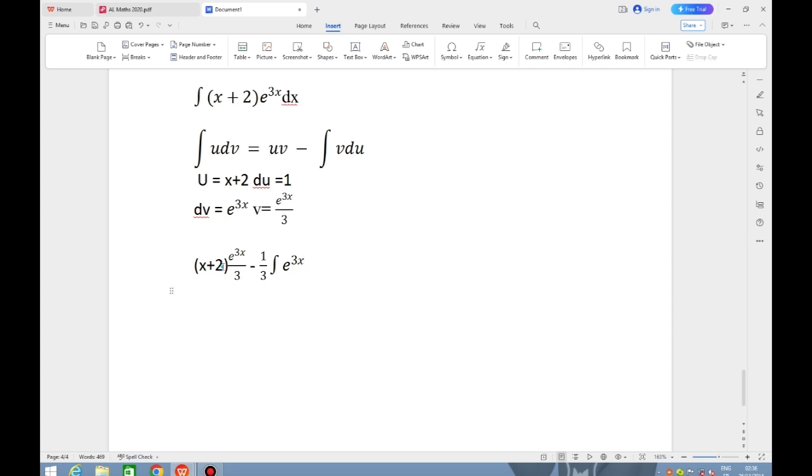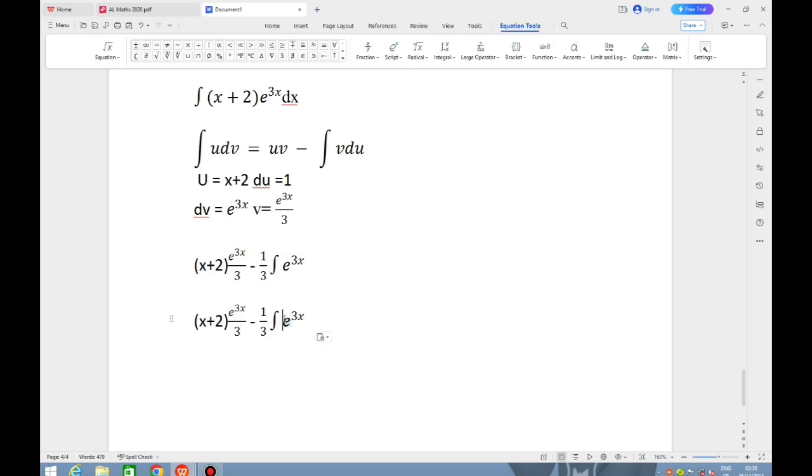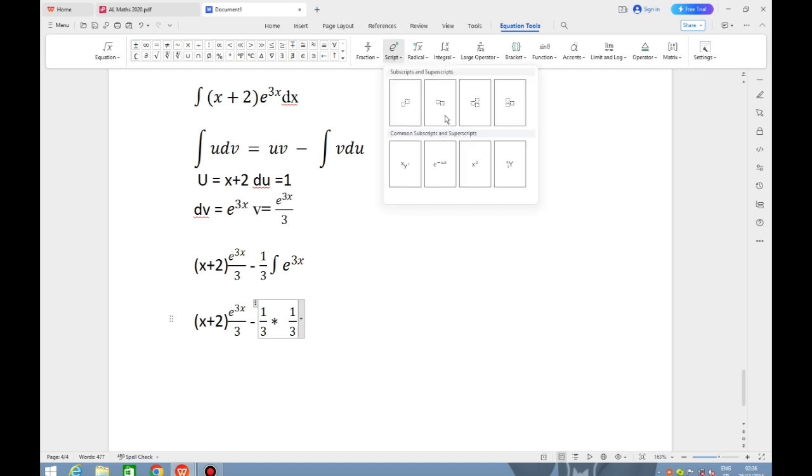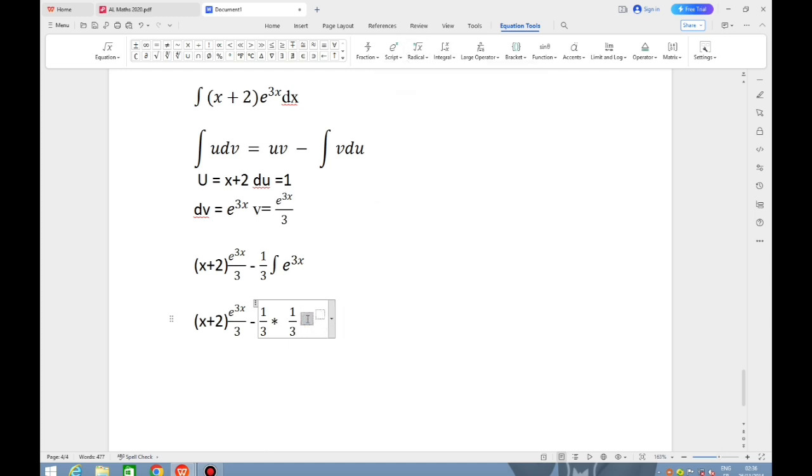So this equation will boil down to that minus 1/3 e to the 3x times 1/3 e to the 3x.